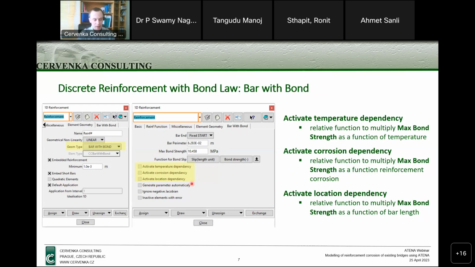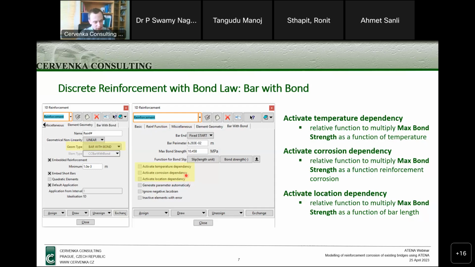Similarly, we can set the function of the bond strength as a function of corrosion and also as a function of location dependency, if we want to simulate that at some part of the cable the bond is not as good as at the remaining part.